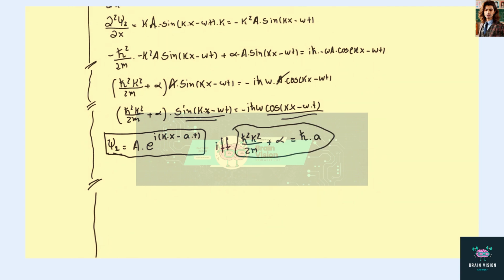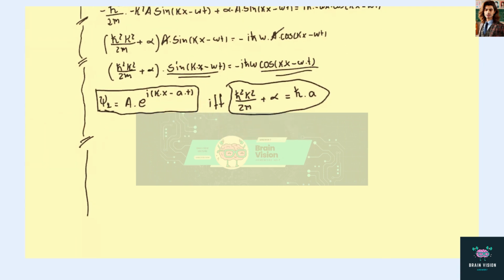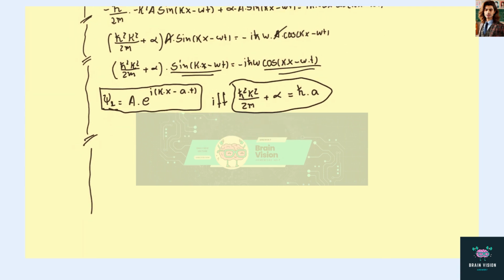Now, we have to show that this solution satisfies the conservation of energy only if the de Broglie relations hold. The de Broglie relations are the following. Lambda is equal to h divided by the momentum, and omega is equal to E divided by h bar.